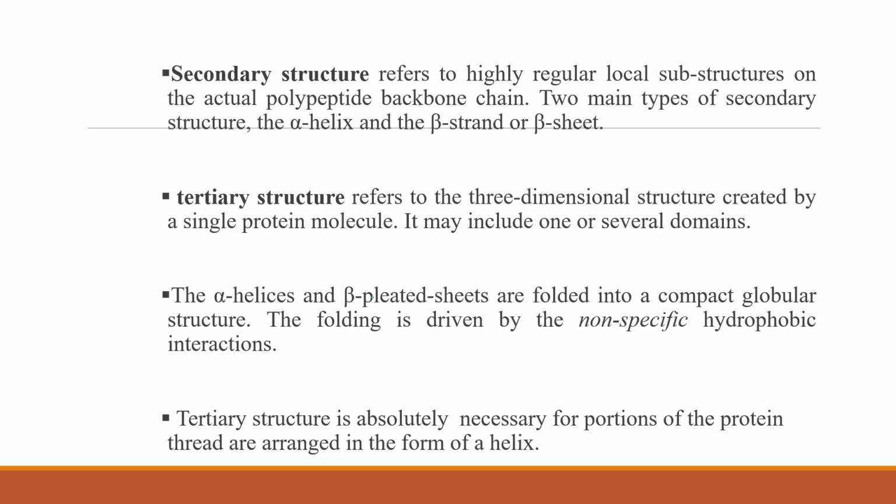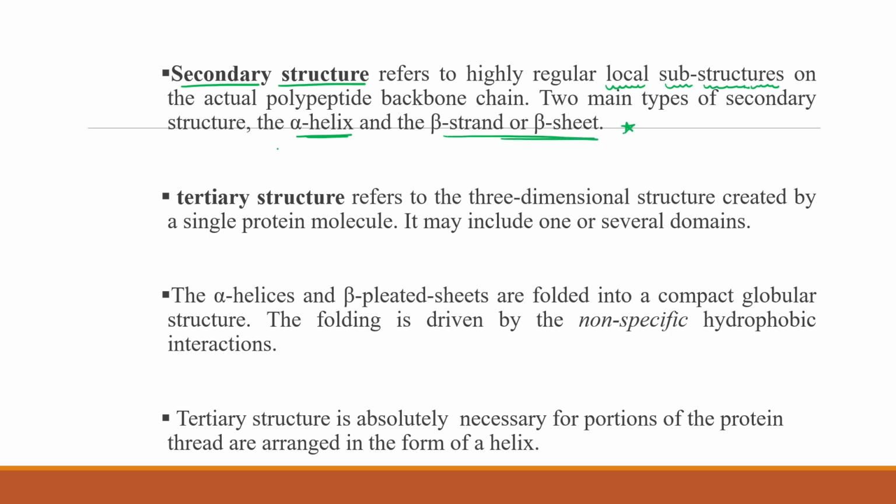Right, clear? Now, secondary structure. Secondary structure refers to the highly regular local substructure on the actual polypeptide backbone. There are two different types of structure. One is alpha helix and second is beta strand or beta sheet.